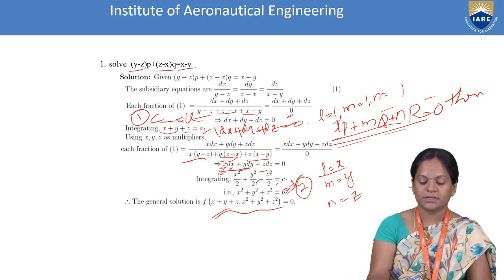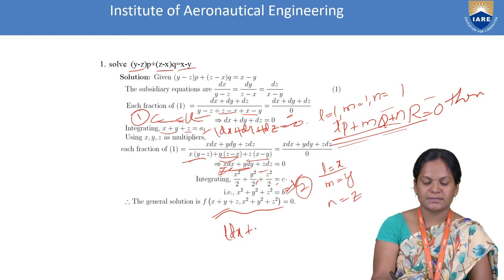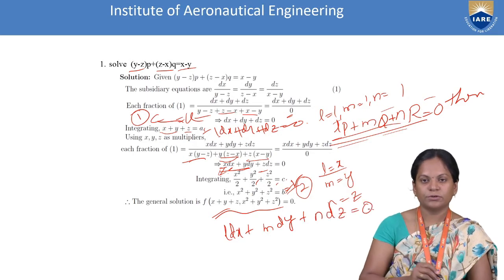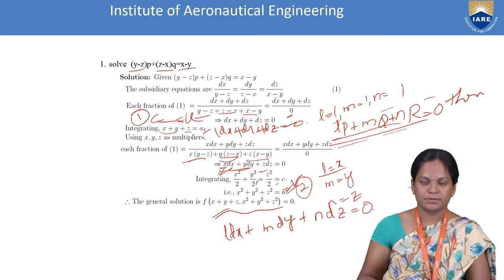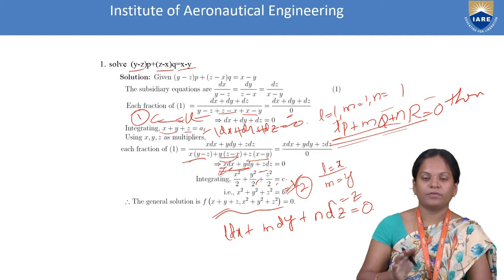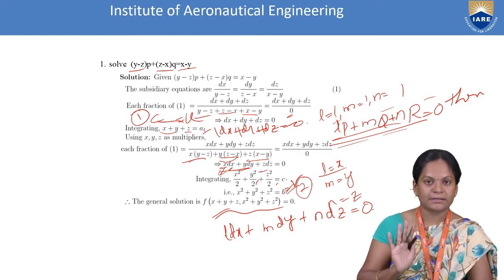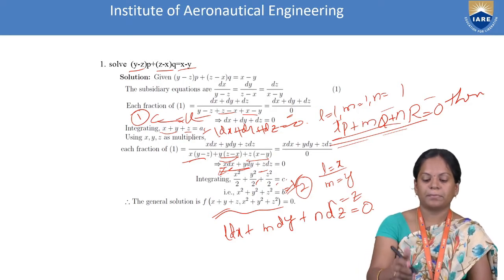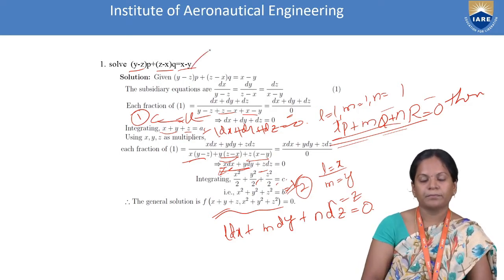Then only we write LDX plus MDY plus NDZ equal to 0. So after integration, we'll get the solution. Before that, we have to consider L, M, N multipliers, and those multipliers satisfy the equation LP plus MQ plus NR equal to 0. This is the condition to find the solution of the partial differential equation of the form Pp plus Qq equal to R.